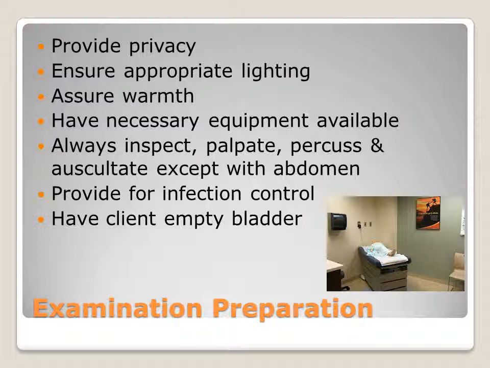It's important to always inspect, palpate, percuss, and auscultate in that order, except when you're assessing the abdomen. When you're assessing the abdomen, it will be inspect, auscultate, percuss, palpate, because if you percuss or palpate prior to auscultating, you can alter bowel sounds.